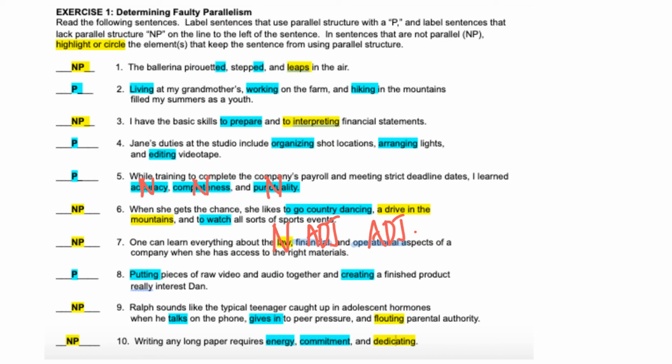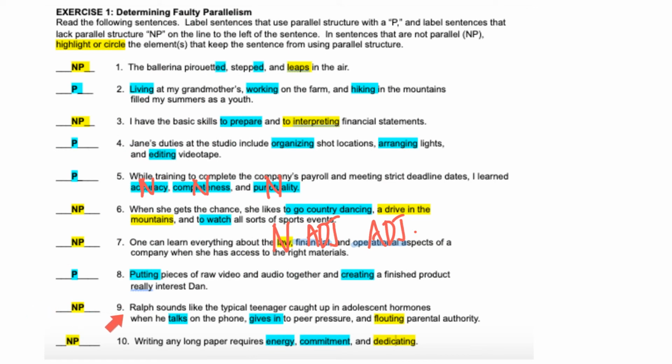So that's what makes this sentence not parallel. While I didn't ask you to change these sentences, some of you might be already anticipating changing the law to legal, and therefore knowing how to change this sentence to make it parallel.